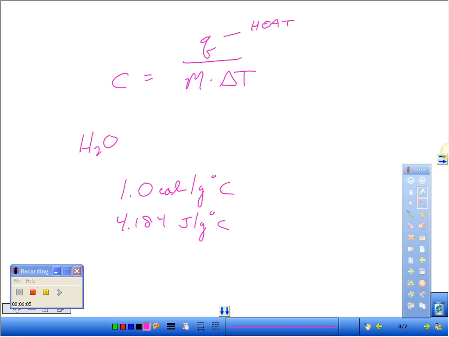So you're going to have some homework questions out of the book that I'm going to assign you here shortly. And basically I'm going to give you 3 of these variables and ask you to solve for the unknown. So let's do a problem here.